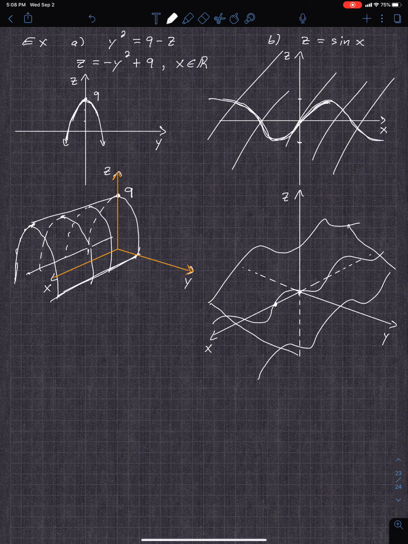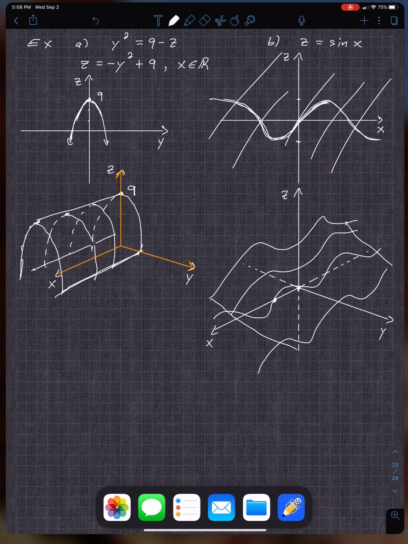Now you can take more time and make it look better, but that's essentially how it might look. My other one was a little better, but you get the idea of how it's wavy like that.